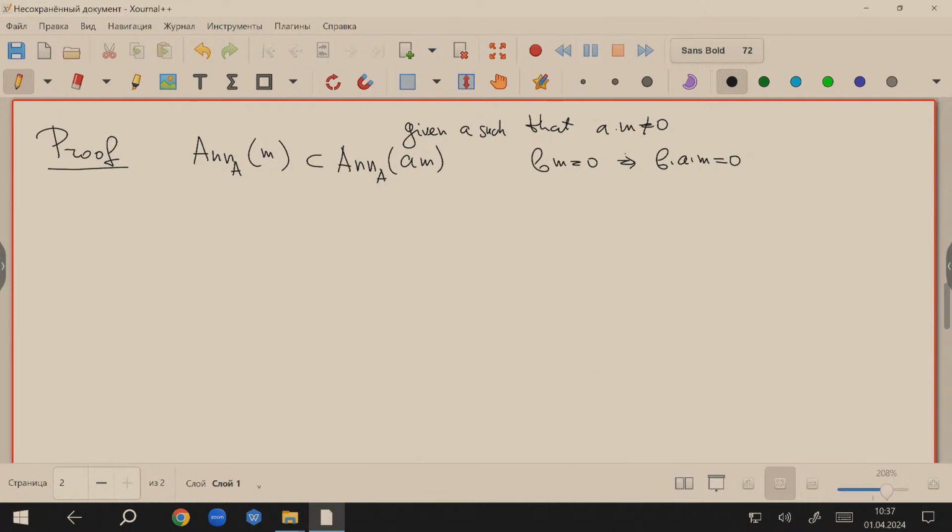Notice that here we use commutativity, because we want to move b here.